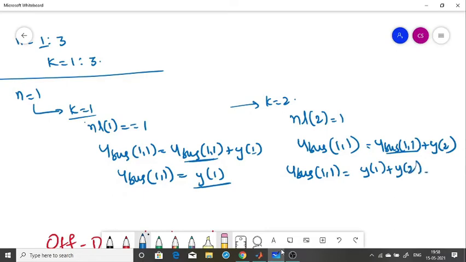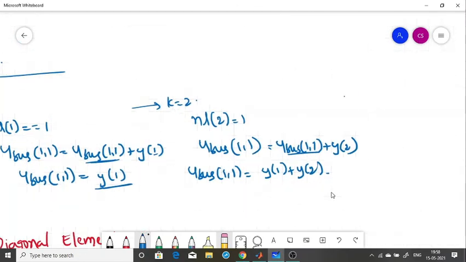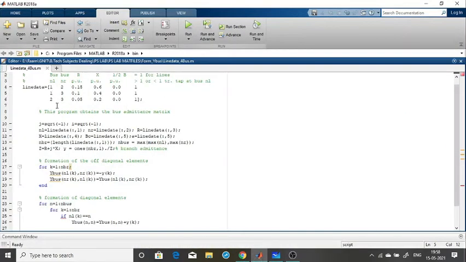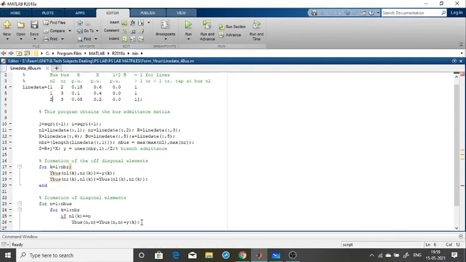After calculating this one, it will do for k is equal to 3. For k is equal to 3, it will verify whether NL of 3 is equal to 1 or not. No, it is not 1. So if it is not 1, then it will move to the else condition, and it will verify whether NR of 3 is 1 or not.